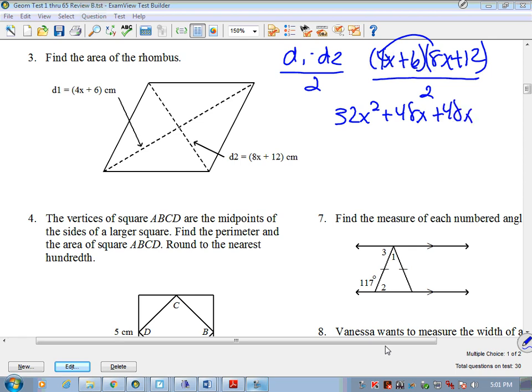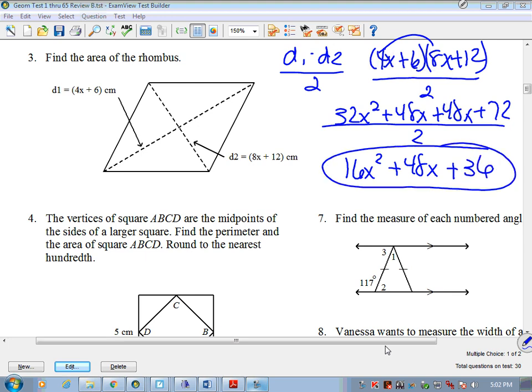And 6 times 12 is 72. We'll take all that and divide by 2, which is going to leave me with 16x squared. 48 and 48, I believe, comes out as 96, but 96 divided by 2 comes back to 48x, and 72 divided by 2 is 36.